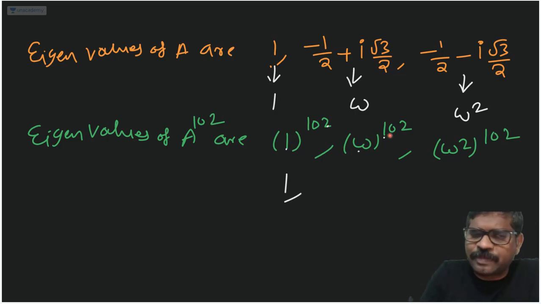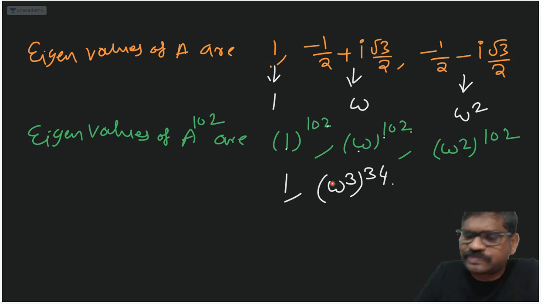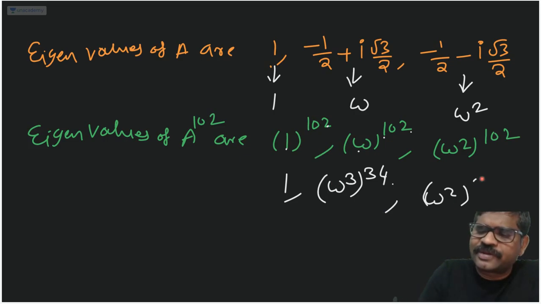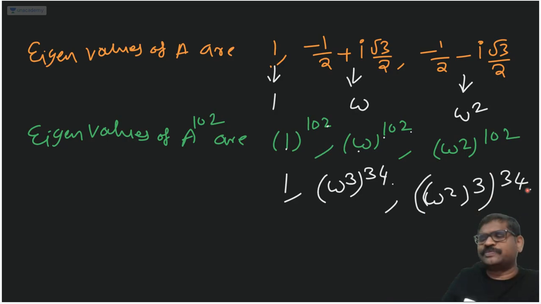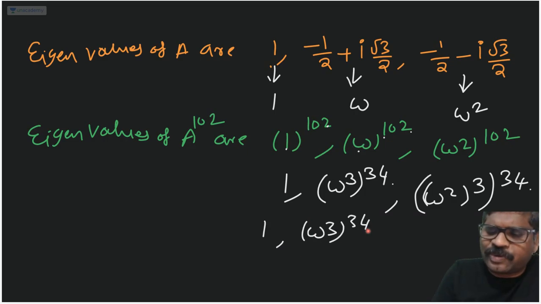Omega power 102 can be written as omega cube whole power 34.